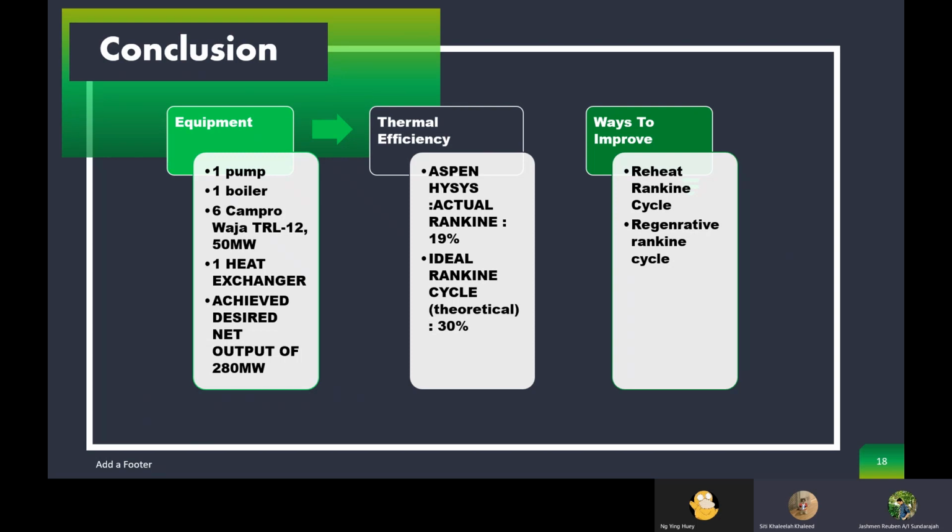In ideal cases, this heat engine would have an efficiency of 30%. Meanwhile, for the actual power plant utilizing the actual Rankine cycle, the calculated efficiency is only 19%. Although there is a shortfall of 11% in thermal efficiency, our steam power plant design is still able to generate the desired electricity. To increase the thermal efficiency, we can design a reheat Rankine cycle or a regenerative Rankine cycle steam power plant, which is widely used in the industry.